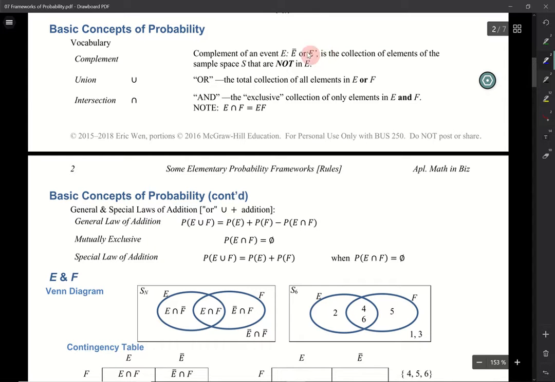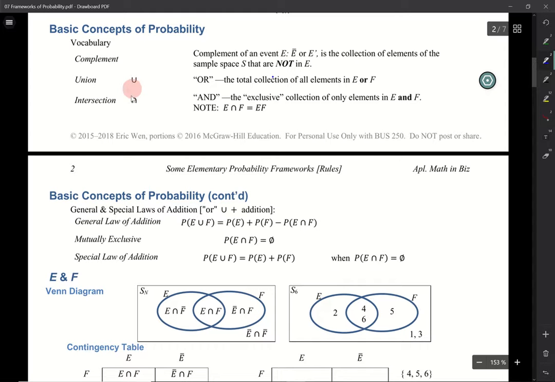Sometimes they call it E prime, with this little mark over there. And what it is, is the opposite. So everything that's not in E. Sometimes people will say not E, or E bar, E prime. Okay, and that means the complement of the set E, the complement of the event E.